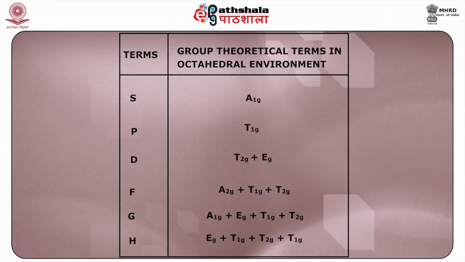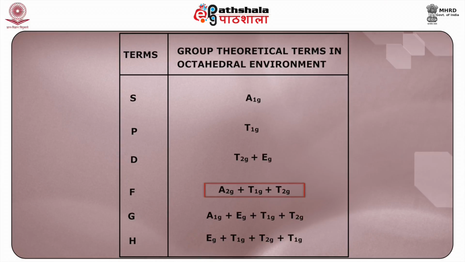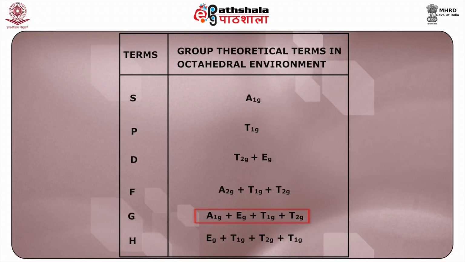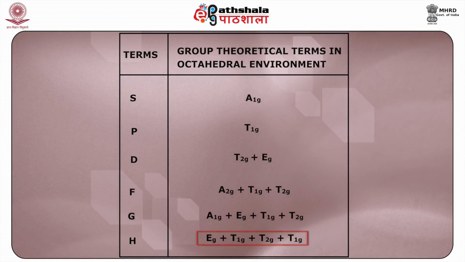The F term splits up into A2g, T1g and T2g. The G term splits up into A1g, Eg, T1g and T2g. The H term splits up into Eg, T1g, T2g, and T1g.